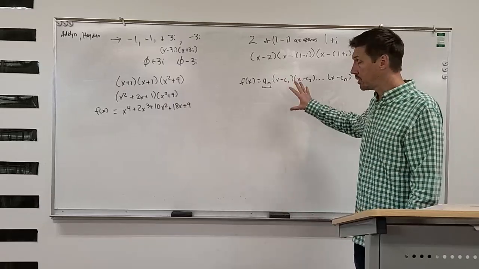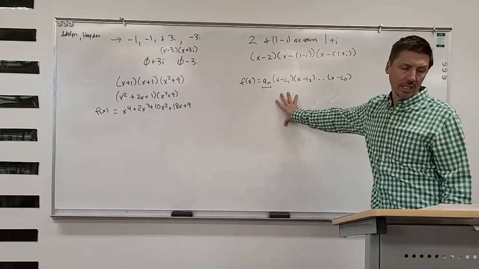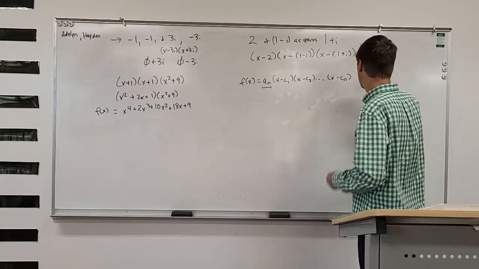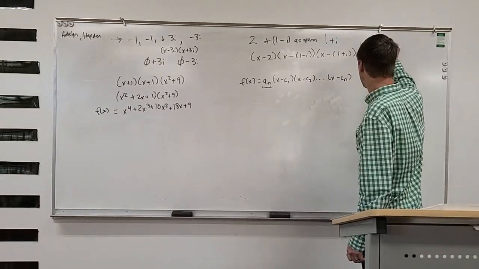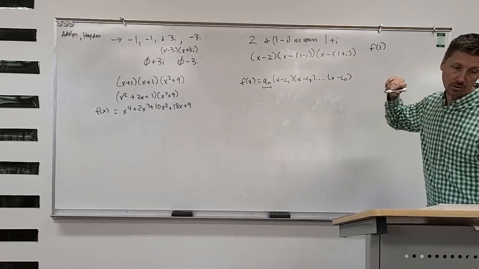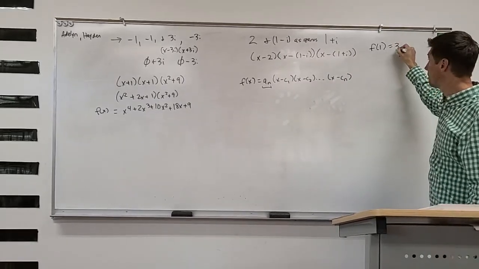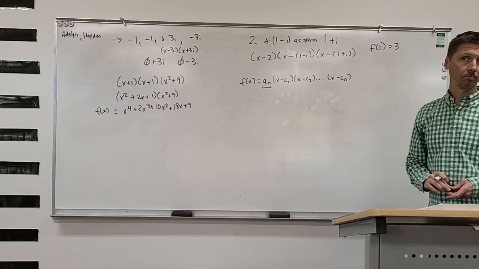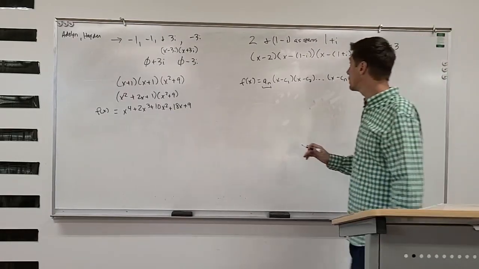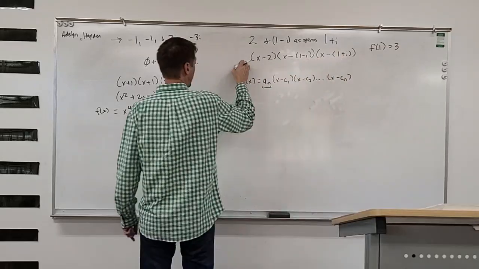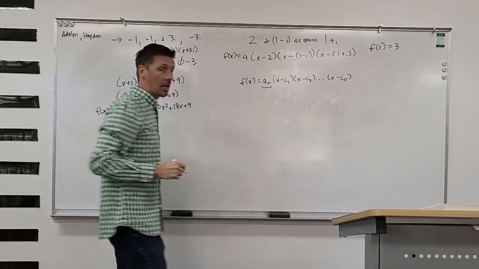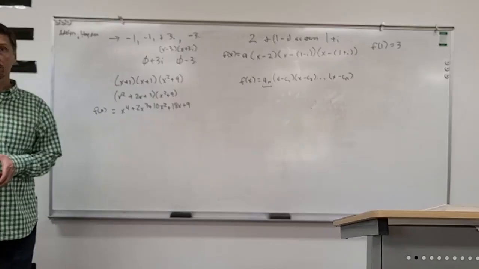But it does come into play for this one because they didn't just ask us to find a cubic polynomial function. They asked us to find a specific cubic polynomial function where if I substitute in 1 for x, I'm going to get the value 3. Okay? And so what that means is that I've written out all of my factors here, and so f of x is a times all of those factors.